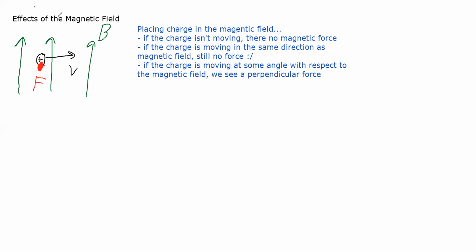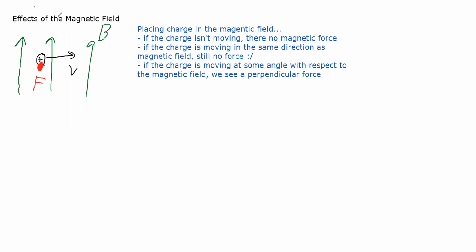Okay, so what describes this relationship? If the charge isn't moving, clearly in order for there to be force, it depends on there being a speed, right? If the charge isn't moving, we get no force. So it has to have a speed, but not only that, it has to have a speed in a particular direction.